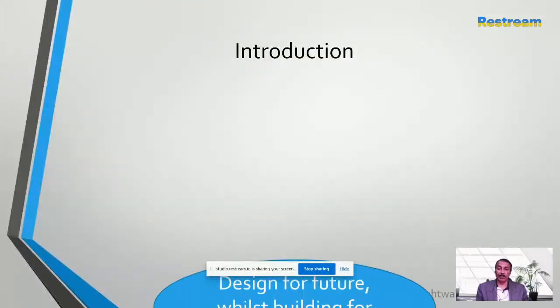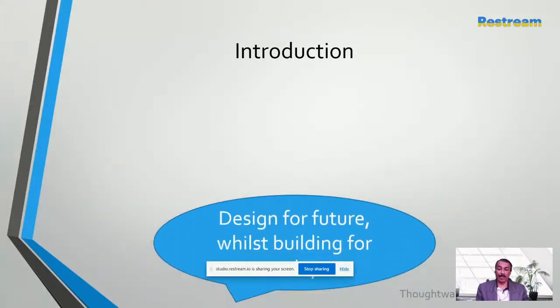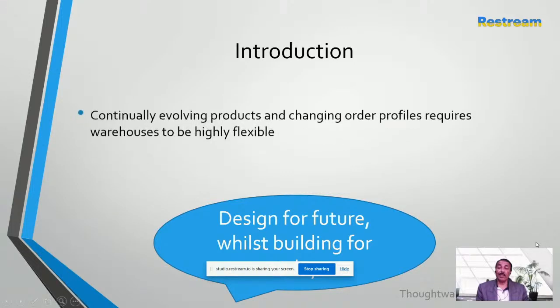So let me introduce the warehouse layout designed for the future whilst building a warehouse. Continually evolving products and changing order profiles require warehouses to be highly flexible. Whereas we are investing for a long time, a huge investment not only in the warehouse space but also material handling and other infrastructure requirements.